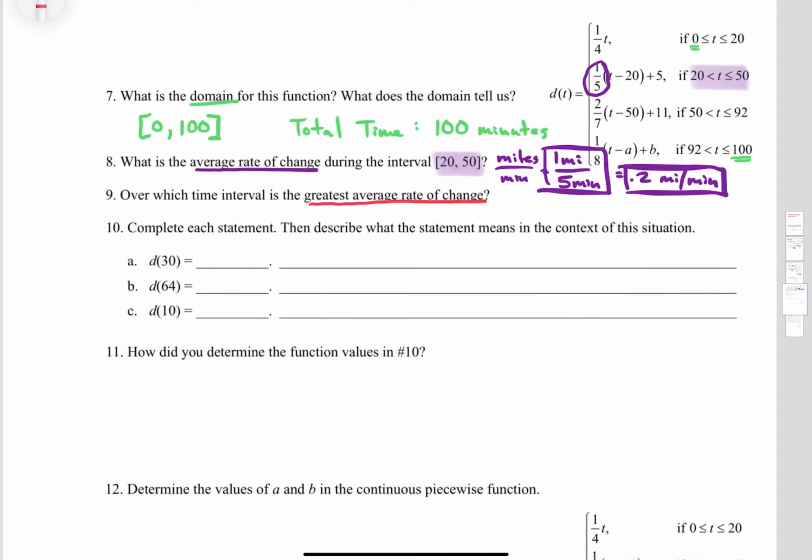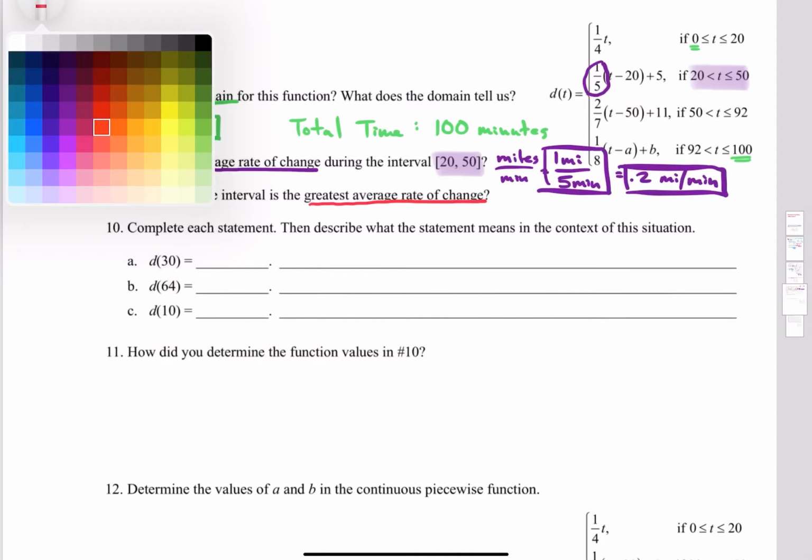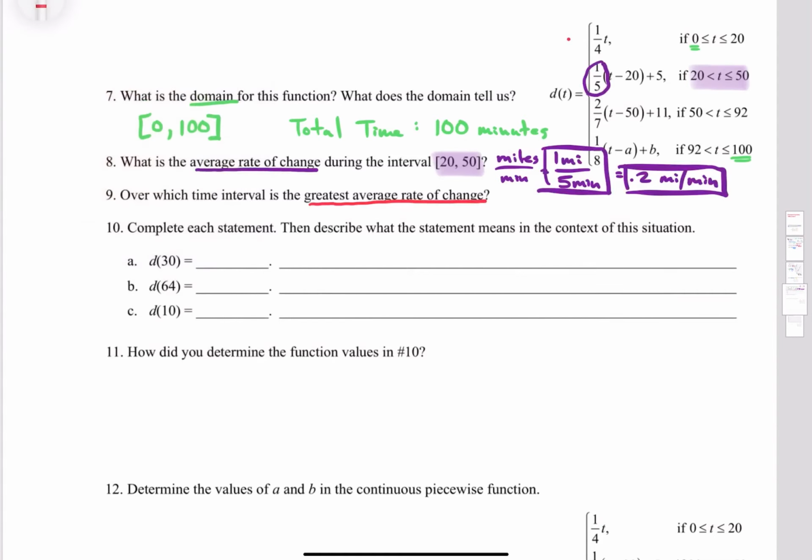And if you change it into decimal form, the largest value will show you which one has the greatest slope. So this first one, well, 1/4 is 0.25. 1/5 is 0.2. 2/7 is just around that 0.29 mark. And 1/8 is 0.125.